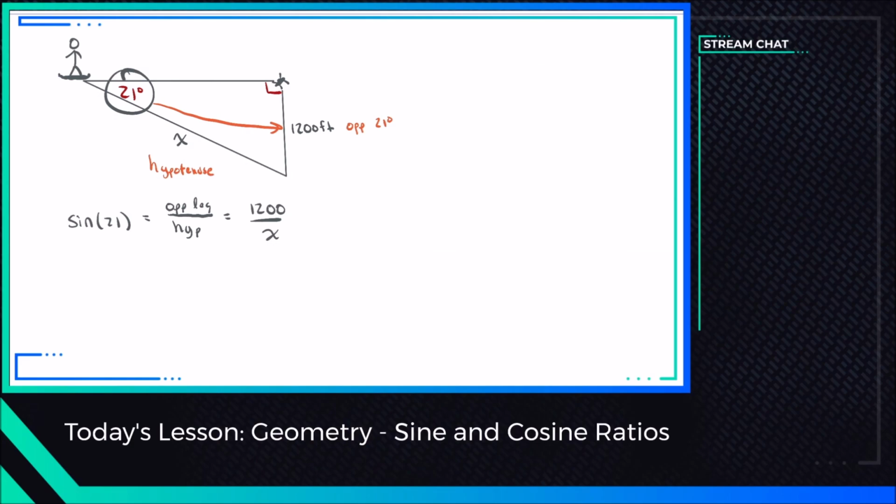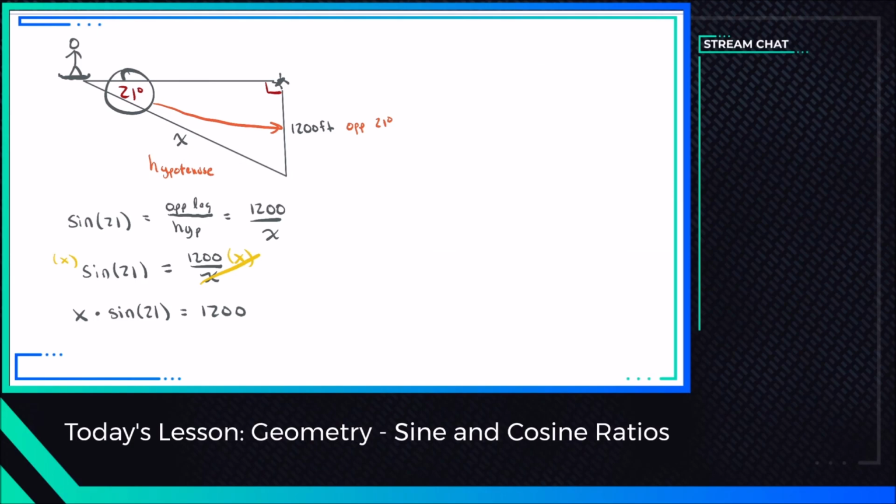So I'm going to rewrite this without this opposite over hypotenuse in the middle. So the sine of 21 once again is equal to 1200 over x, and to get this solved for x, we need to multiply both sides by x right here. Those x's are going to cancel, and we're going to be left with x multiplied by the sine of 21 is equal to 1200.